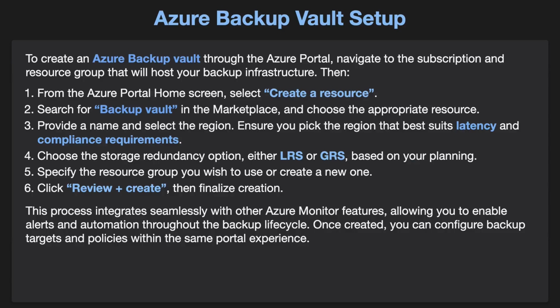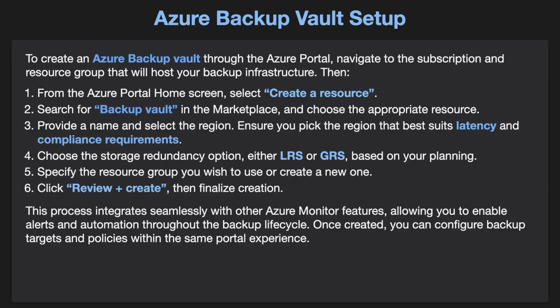To create an Azure Backup Vault through the Azure portal, navigate to the subscription and resource group that will host your backup infrastructure. Then, 1. From the Azure portal home screen, select Create a Resource. 2. Search for Backup Vault in the marketplace and choose the appropriate resource. 3. Provide a name and select the region. Ensure you pick the region that best suits latency and compliance requirements. 4.